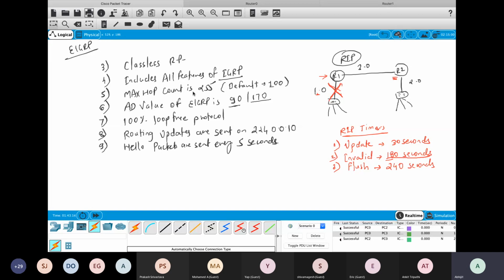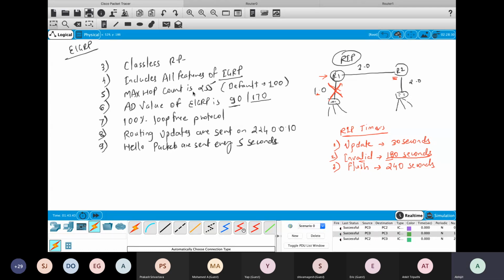Makes sense? So the update timer is the time between the consecutive updates that R1 sends. The invalid timer that we discussed is the time a router waits to hear an update from the router that the route was learned from. The route is marked unreachable if there is no update during this time interval.